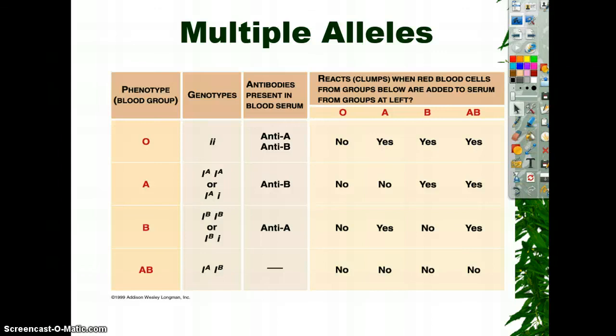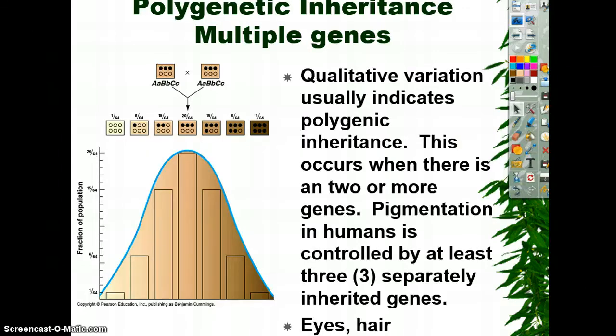And then to make it even more complicated, there's something called polygenetic inheritance, or a polygenetic trait, where poly means many, genetic referring to genes, so it would be a trait controlled by many genes.